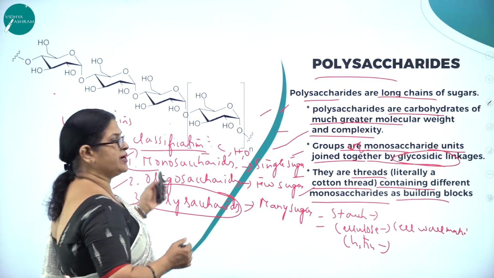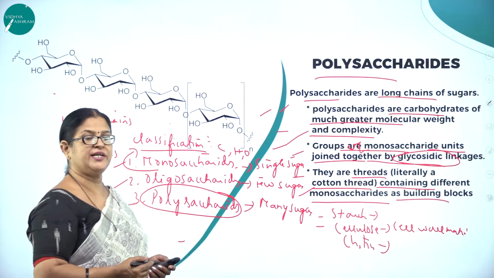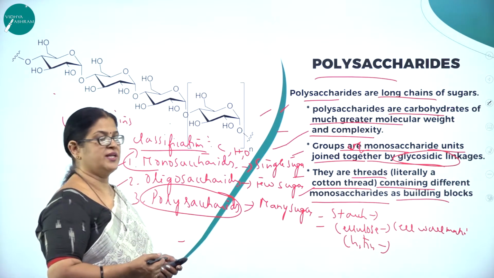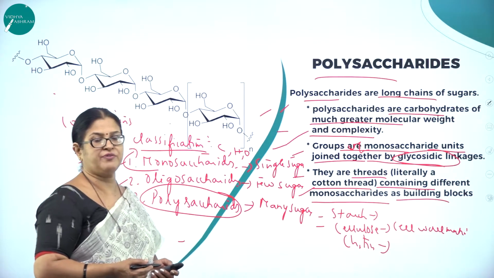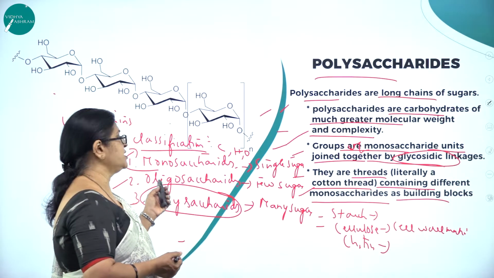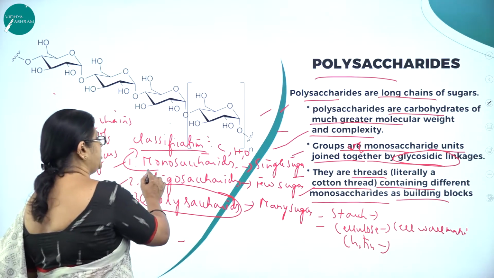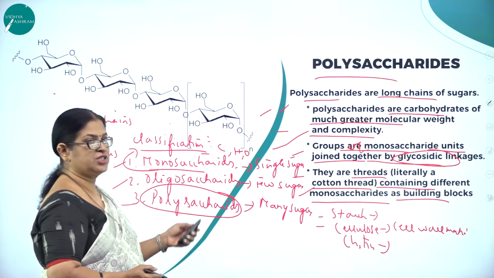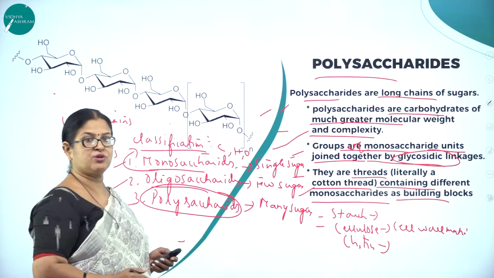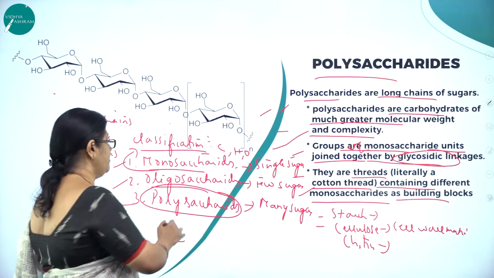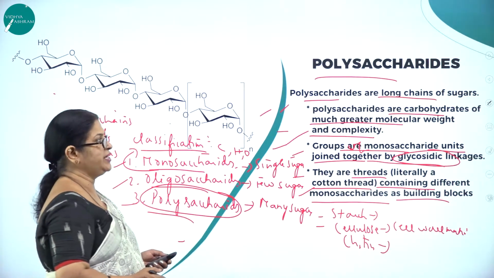So what are polysaccharides? As we know, carbohydrates are organic compounds containing carbon, hydrogen and oxygen, and the building blocks of carbohydrates are monosaccharides. Carbohydrates have been broadly classified into monosaccharides, that is single sugars, then oligosaccharides called few sugars like disaccharides, then polysaccharides called many sugars.